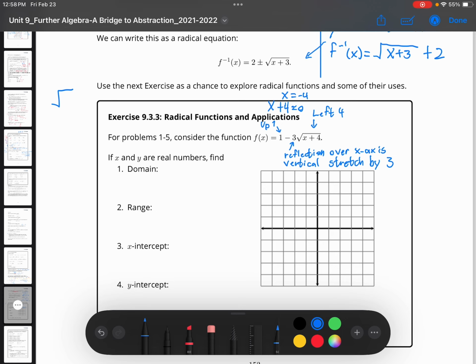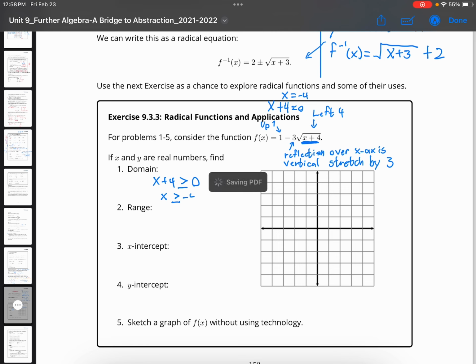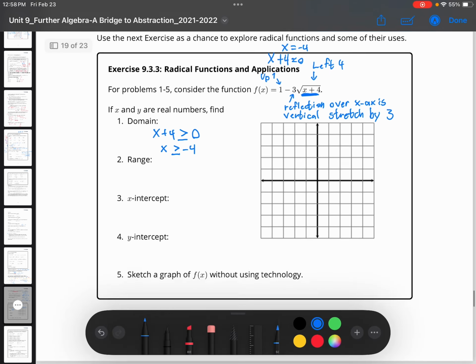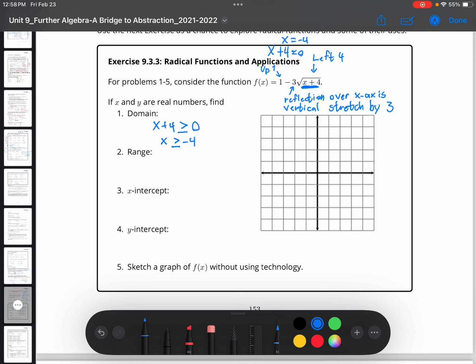So I cannot have any negatives inside the square root. So in order to assure that that happens, all I'm going to do is just take the x plus 4. I'm talking about this x plus 4, by the way. The inside of that square root has to be positive. And positive would mean that x plus 4 has to be greater than or equal to 0. So if I solve for x, I would get x greater than or equal to negative 4 like that. And when I finally get to actually draw it, you will see that that's exactly what happens.